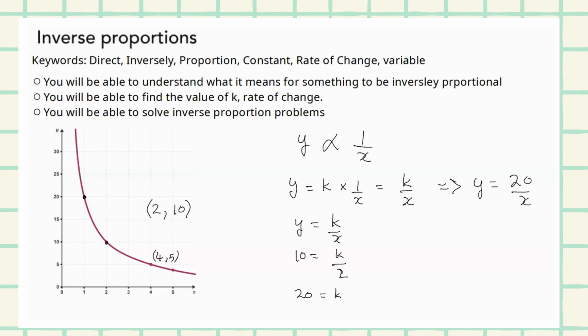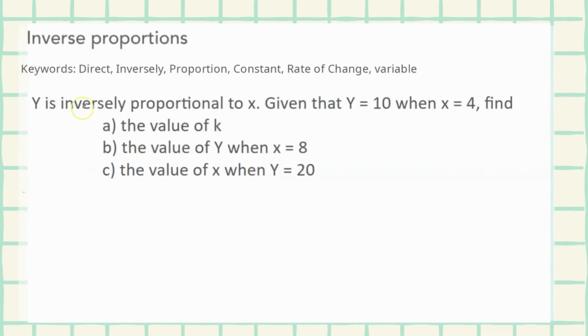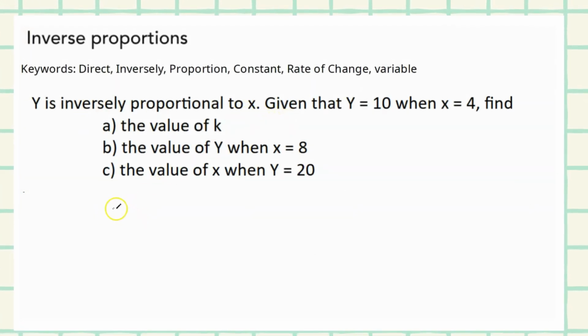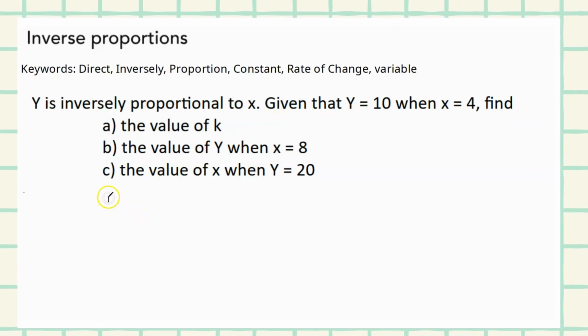Solving some problems. So here we have a question. Y is inversely proportional to x, so we're going to write y is equal to k over x. Given that y is 10 and x is 4, find k.